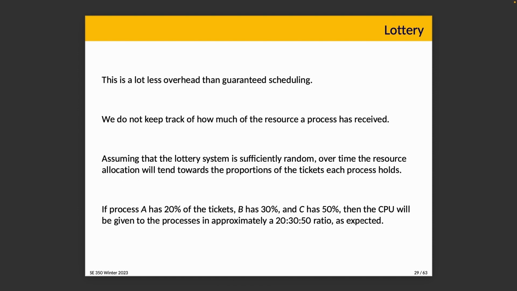Assuming the lottery system is sufficiently random, as I've said before, over time allocation tends toward the proportions of tickets that each process holds, and we can change those proportions at any time. If process A has 20%, B has 30%, and C has 50%, then the CPU will be given to the processes in about that ratio, as expected. The big proviso on this is that random numbers are fairly hard to generate.